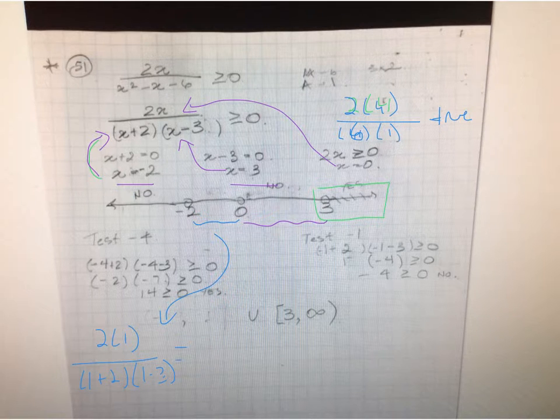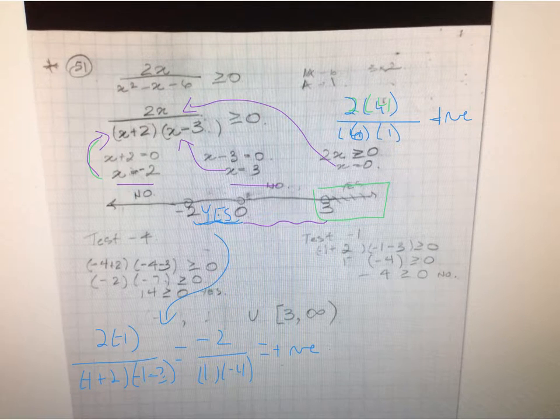Now that's going to give me, we should be testing -1. That's going to give me a -2 over positive 1 times -4. And a minus over a minus is still going to be a positive, so I'm going to get a positive value there. So what happens is the values in between -2 and 0, like -1, -1/2, -3/2, are going to be a yes. We're going to get a positive there, and that's the second interval that you're looking for.